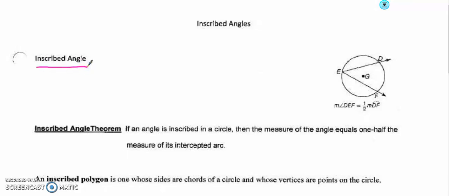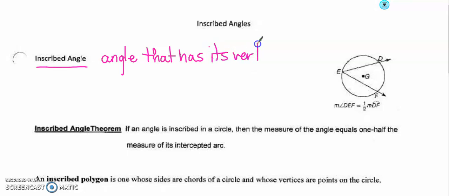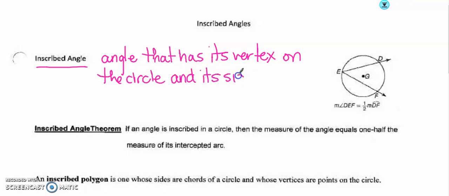An inscribed angle is an angle that has its vertex on the circle and its sides are contained as chords of the circle.